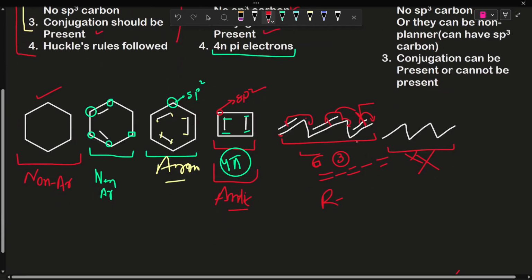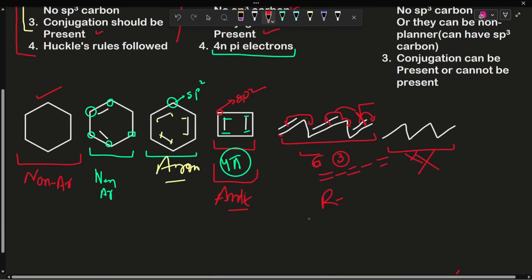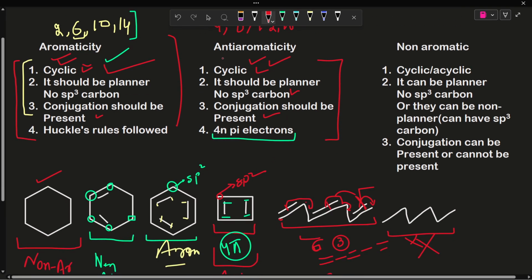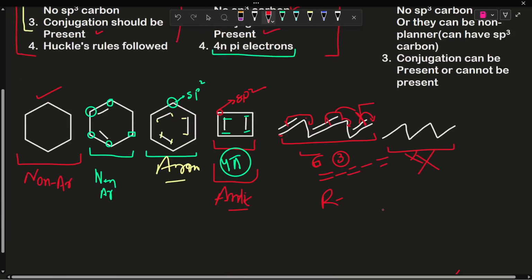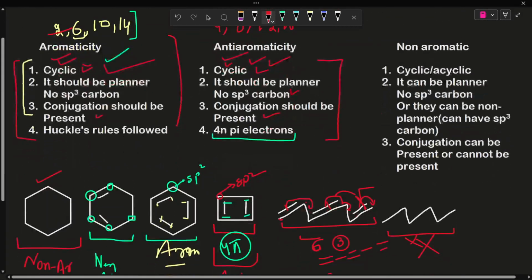It should be known. So here it is failing in the first rule itself, so it is not aromatic. In the same way, for antiaromaticity, all the rules are compulsory. So if it is not following any of the rules, it is neither aromatic nor antiaromatic. So it is simply non-aromatic. Fine. I hope you understand this.